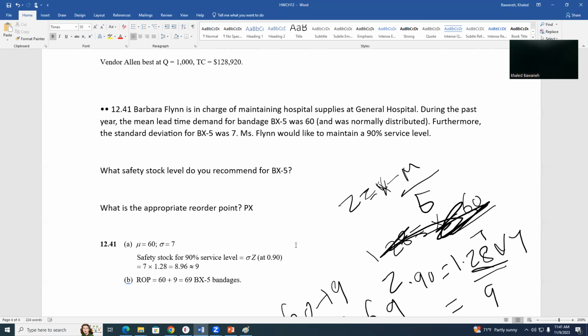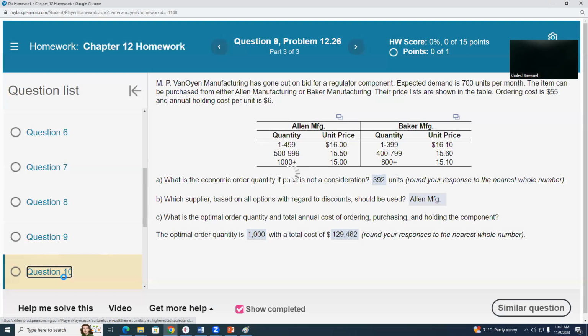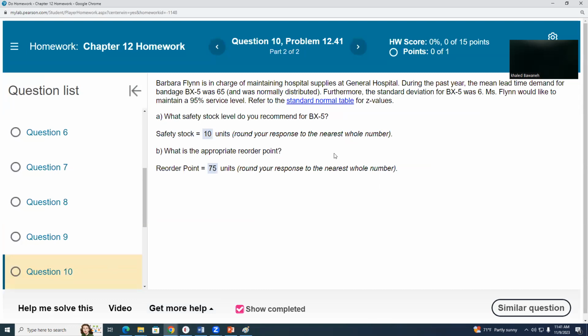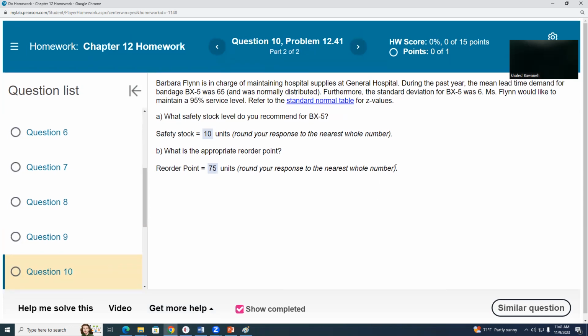Are you sure? Why do I have it when I do the review? I have it here. I don't even remember doing that. I did. You did? Oh, the Z values, yeah, we did. Okay.